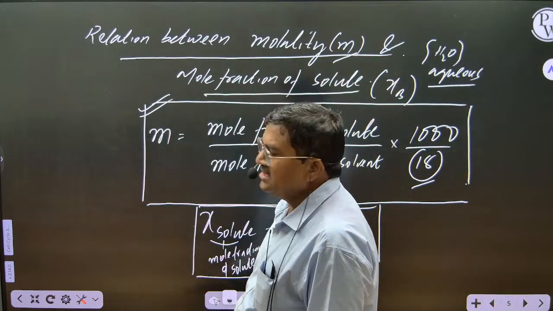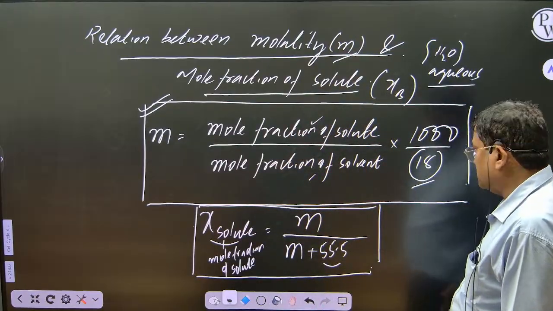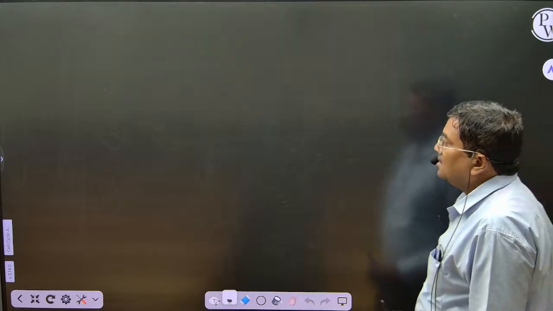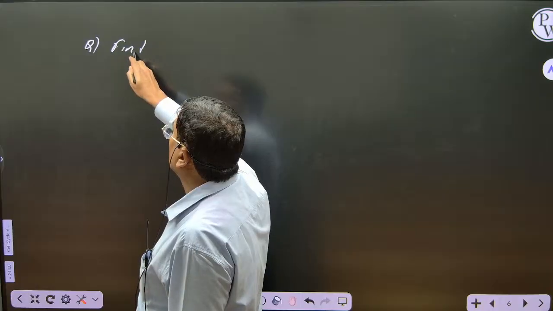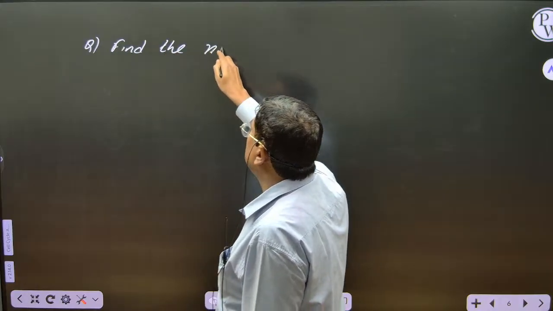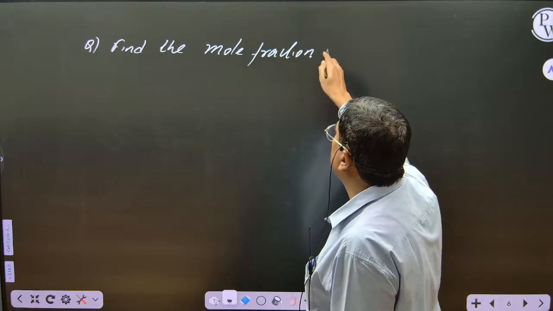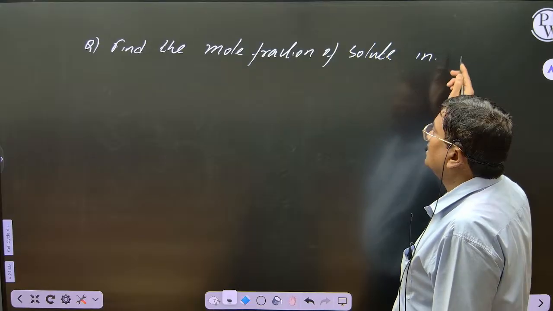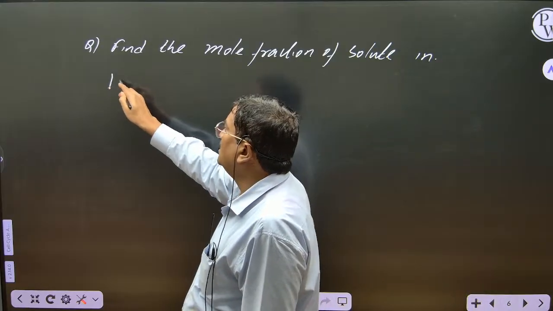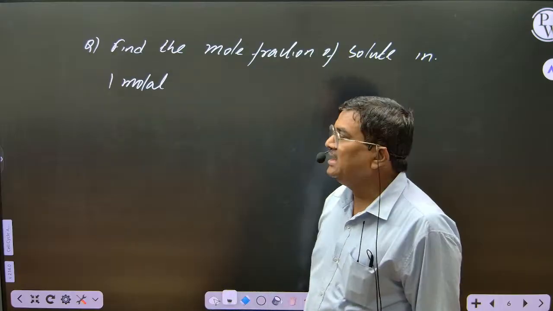Write one question, how they ask in the exam. One question you write, on the relation of this. Find the mole fraction of solute in 1 molal aqueous NaOH. Molal means what? Molality.